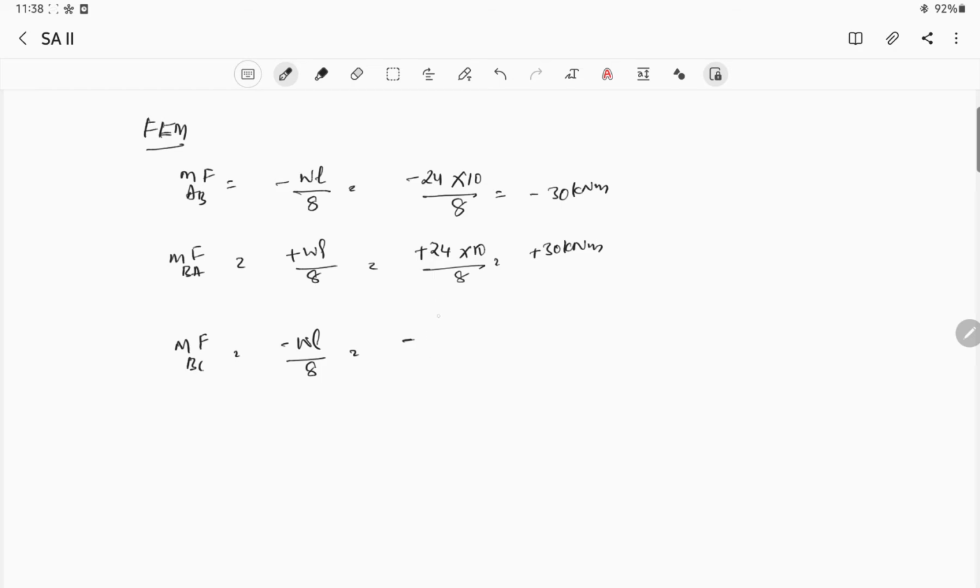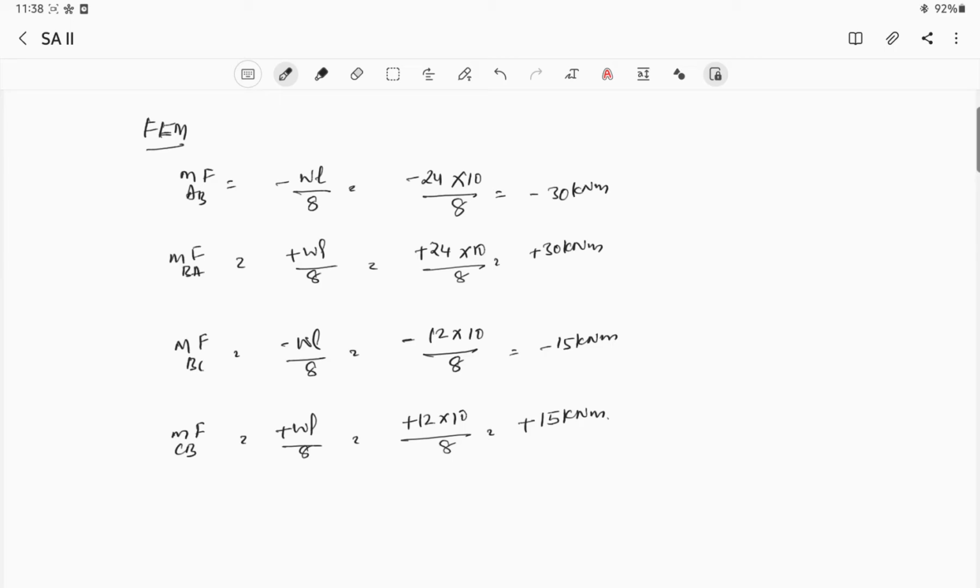W is how much there? 12, no? 12 into 10 by 8, which is equal to minus 15 kilonewton meter, and MF CB is equal to plus WL by 8, which is equal to plus 12 into 10 by 8, is equal to plus 15 kilonewton meter. Okay, we've calculated fixed end moments. Now we will calculate moments due to sinking.